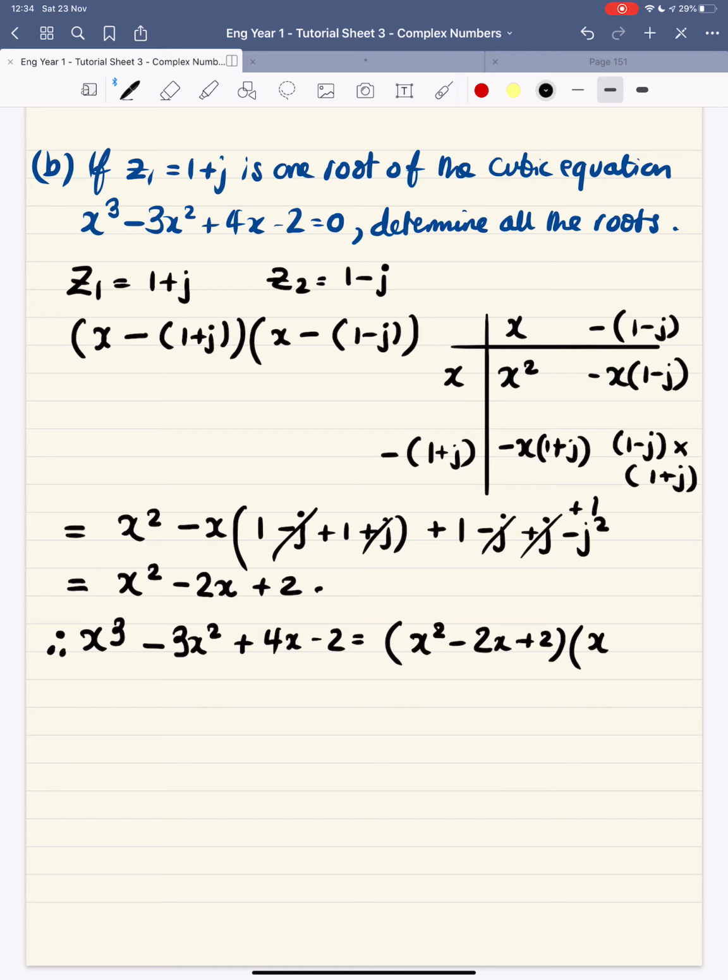a linear factor x plus a, say. Okay, so let's figure out what it must be. We know it's x squared minus 2x plus 2. We know there must be an x there to get x cubed.